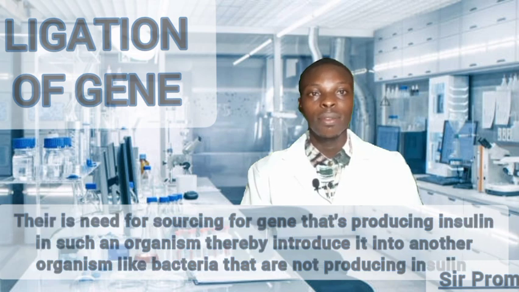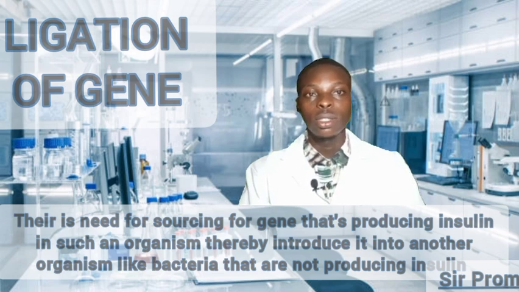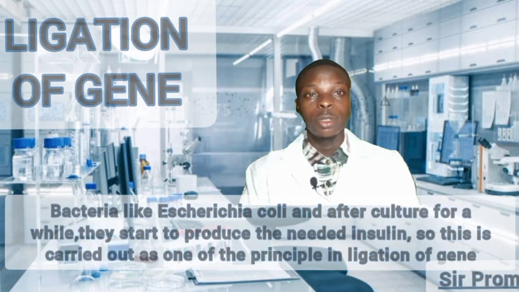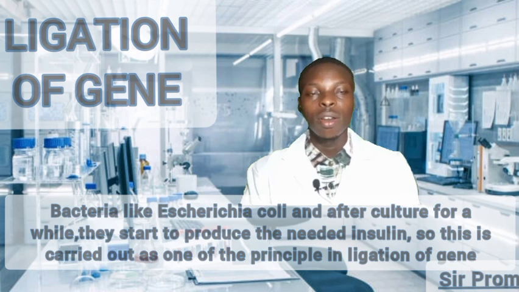There is need for sourcing the gene that produces insulin, thereby introducing it into another organism like bacteria that are not producing insulin, such as Escherichia coli. After being cultured for a while, they start to produce the needed insulin. So this is carried out as one of the principles in ligation of gene.